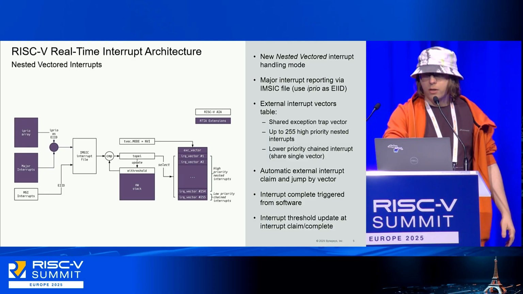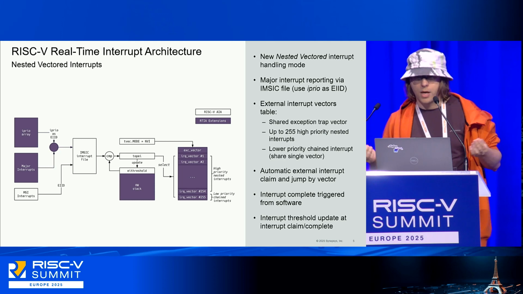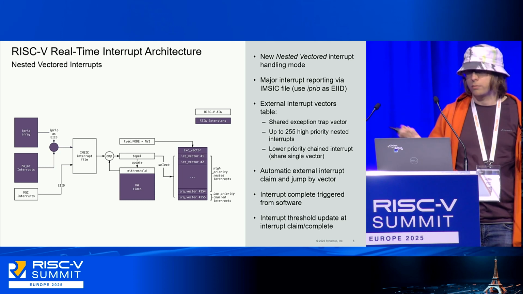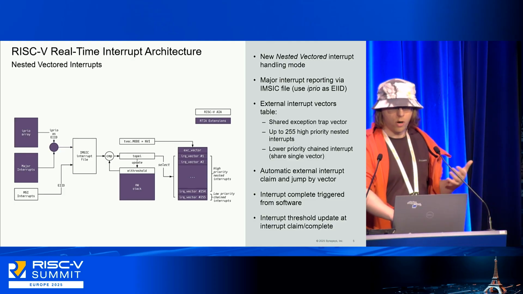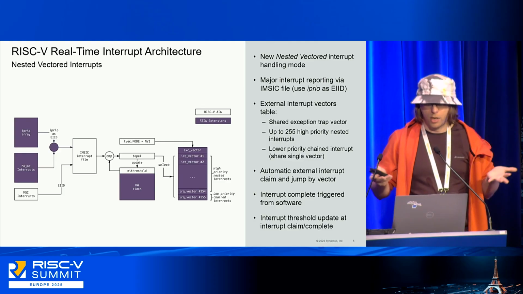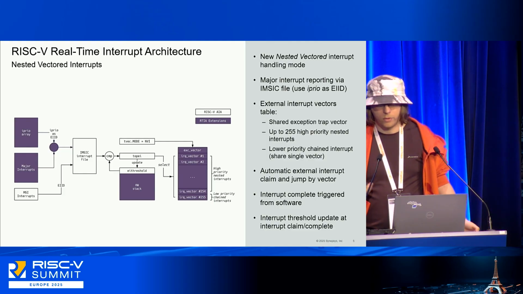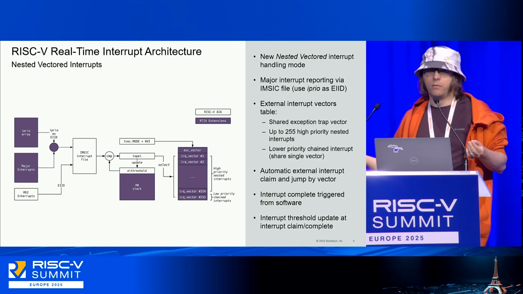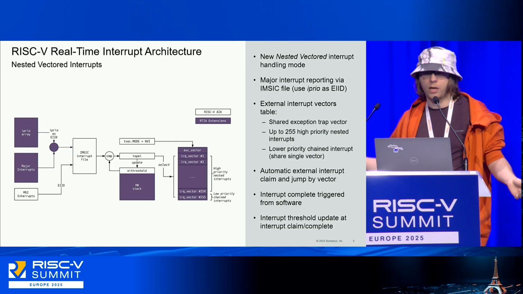Interrupt claim is now done automatically by hardware on jump to the interrupt vector. And at the same time, hardware also updates the interrupt priority threshold. So after we jump to the vector, all interrupts with the same or lower priority are turned off. And so interrupt nesting is now trivial. When we jump to the interrupt handler, we just need to save the critical trap context, and we can enable interrupts.